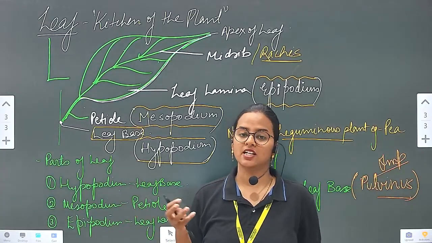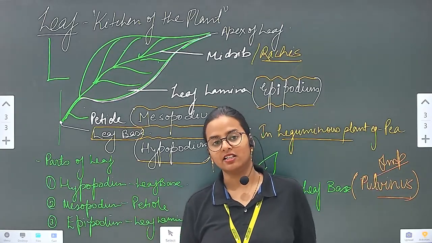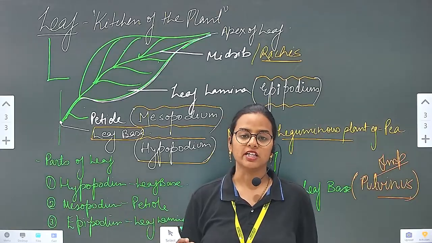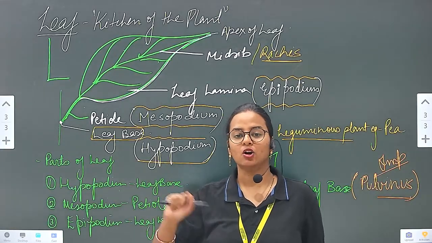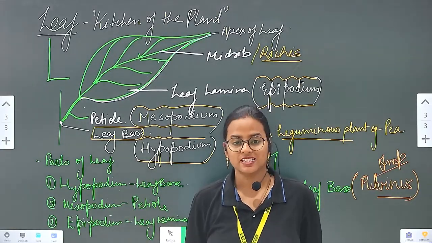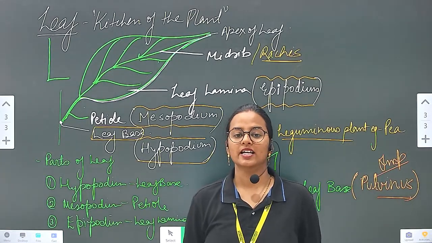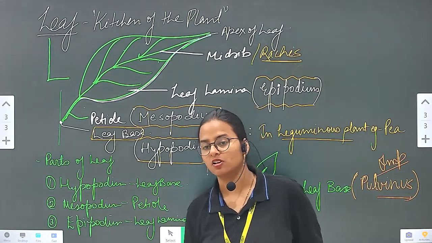If it makes a mesh, it is called reticulate venation. If it is not making a mesh and just parallel longitudinal veins are there, then it is called parallel venation. Alright? Okay.